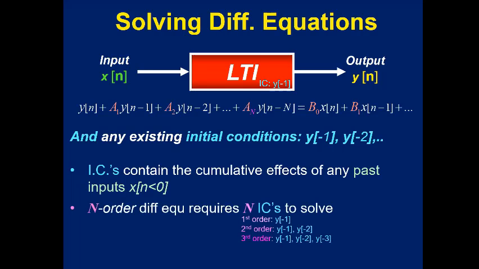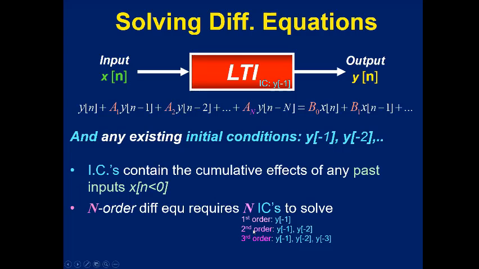If I have an nth order difference equation, and remember we get the order of the difference equation from the y side, we find the highest degree of delay in the y side, and that is the filter order capital N. So for example, if the highest y delay term is y of n minus 2, that would be a second order system. Now, in order to solve this difference equation, we need enough initial conditions for each order. A first order system needs one initial condition, and that is y of minus 1.